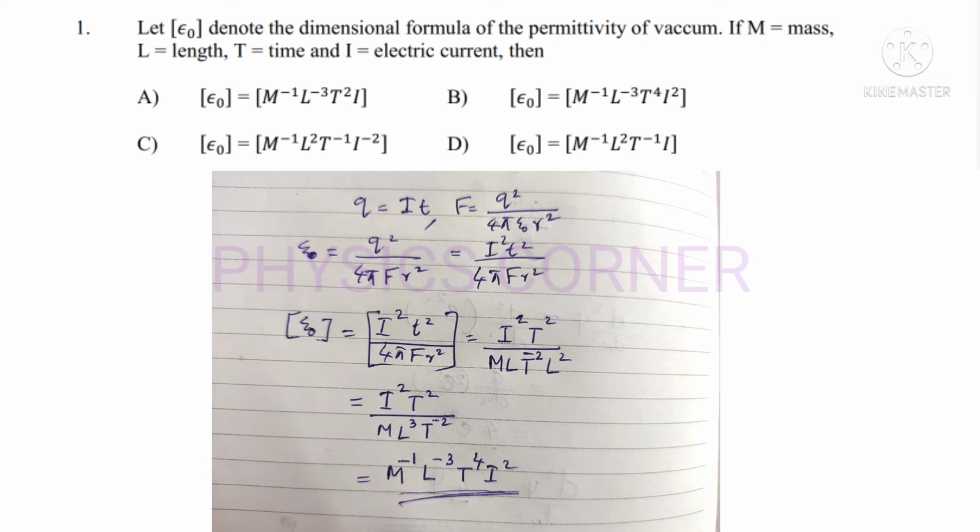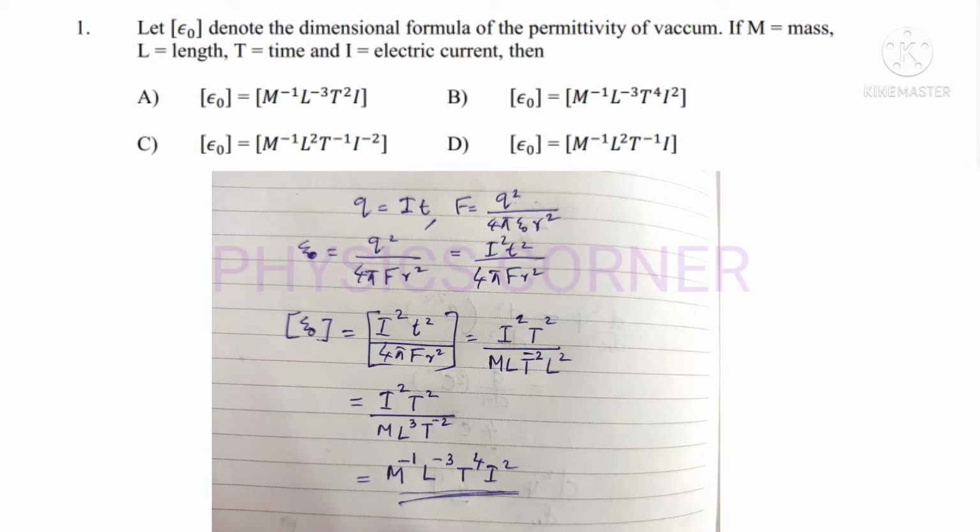Normally, what I do is I will just write down the basic expressions that I know, which include the term permittivity. See, we have the Coulomb force F is equal to Q square by 4 pi epsilon 0 R square.